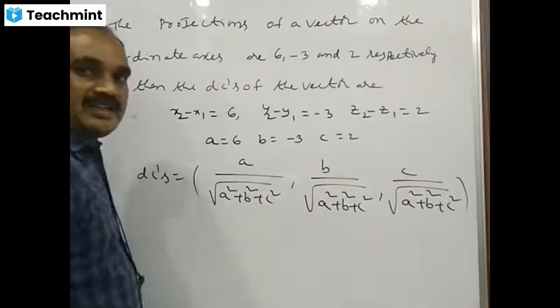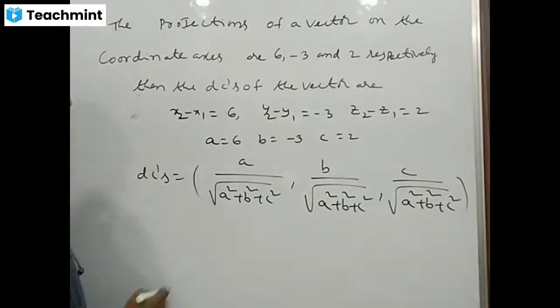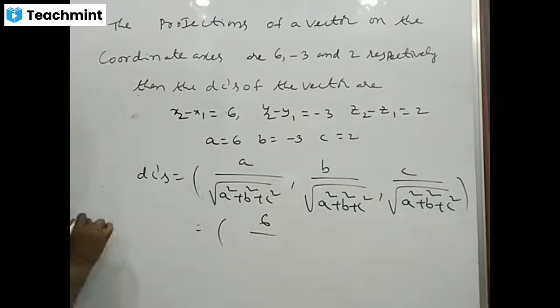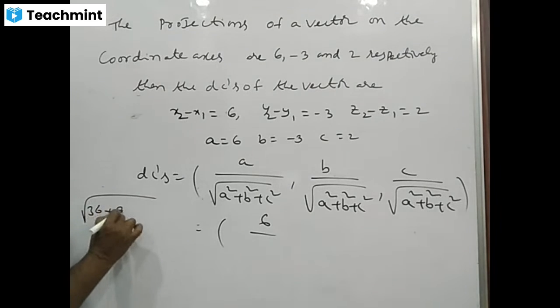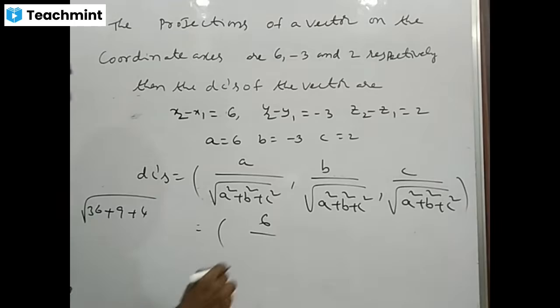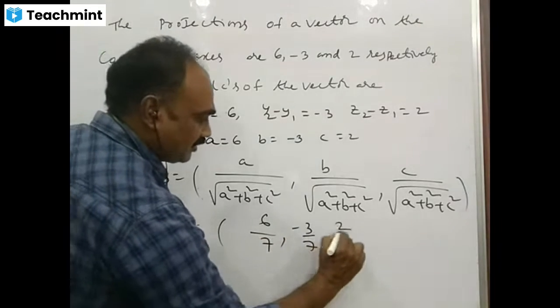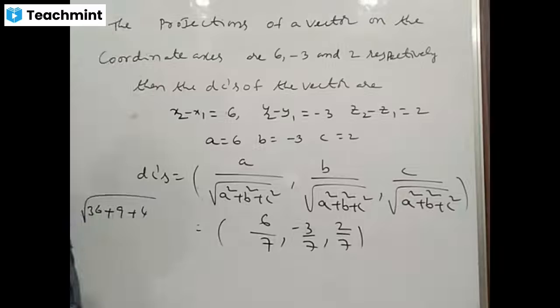Here calculate direction cosines. a by root of a square plus b square plus c square: 36 plus 9 plus 4, 49, root 49 is 7. 6 by 7, comma, minus 3 by 7, comma, 2 by 7. This is the answer, friends.